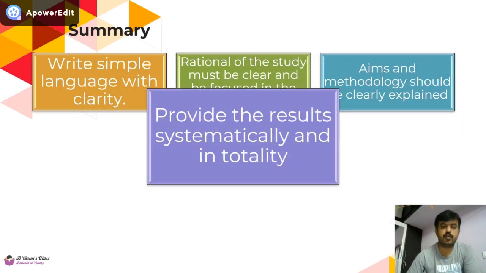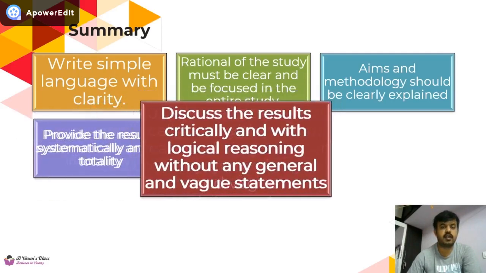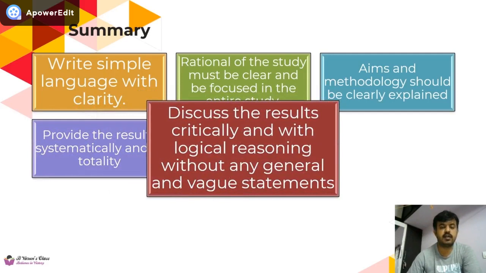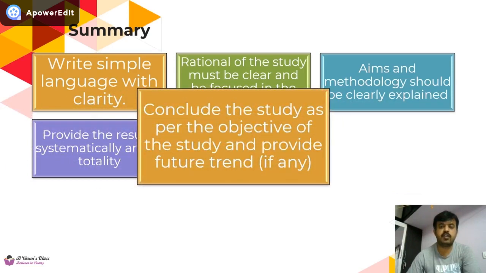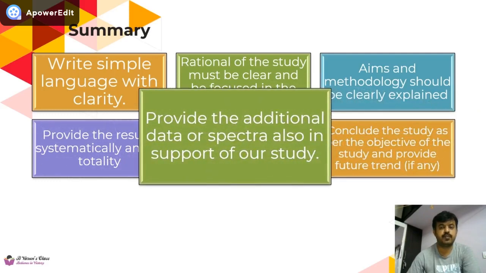Next, provide the results systematically and in totality. Discuss the results critically and with logical reasoning, without anything general or vague. Conclude the study as per the objective of the study and future scope. Provide additional data or spectra also in support of your work.